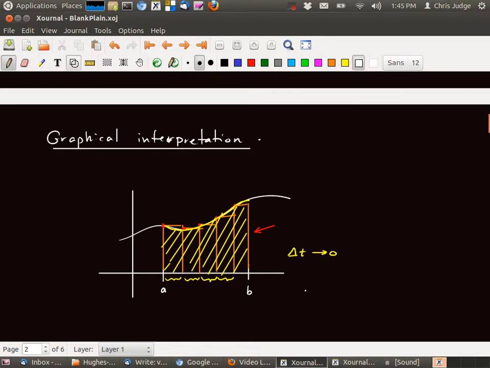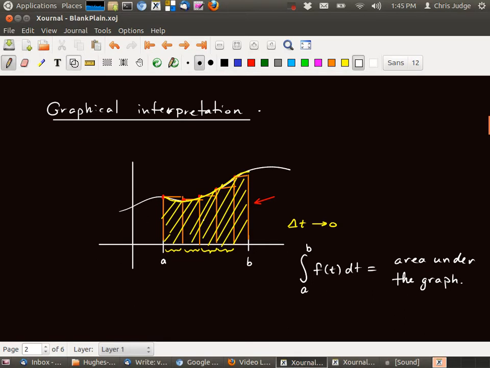So ultimately what we end up with is that the definite integral from a to b of f of t dt is equal to the area under the graph. So this yellow area under the graph of the function is actually equal to this limit of Riemann sums, this definite integral. So that's a graphical interpretation of the definite integral.